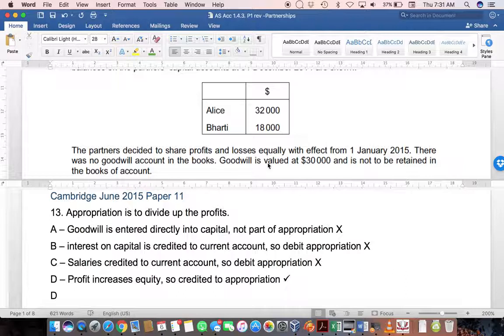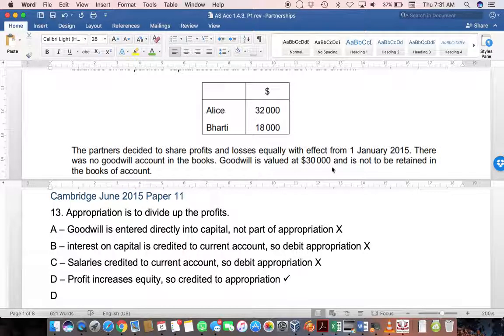As soon as you value goodwill, it's indicating that they do see that there is a value of goodwill that needs to be attributed to the partners. However, they want to credit the partners with that amount, but then remove it afterwards, which might seem a bit silly, but actually it's not, as you'll see after we've done a couple of these examples.